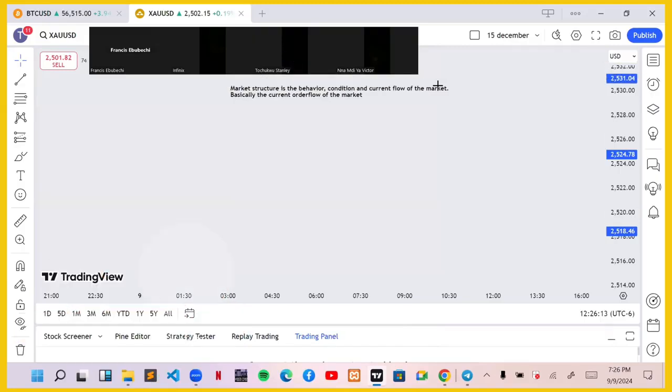Market structure is the behavior, the condition, and the current flow of the market. So basically the current order flow of the market. And there are two types of market movements: the trending market and the ranging market.